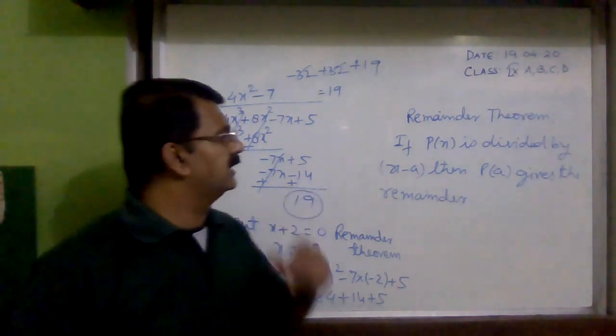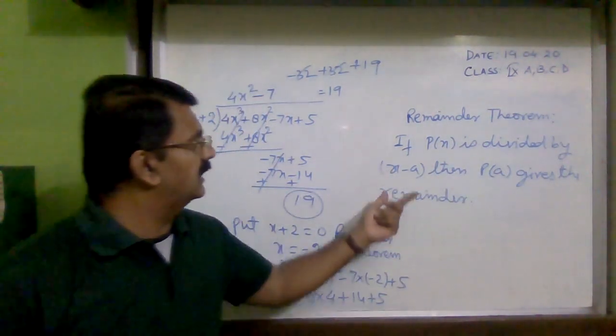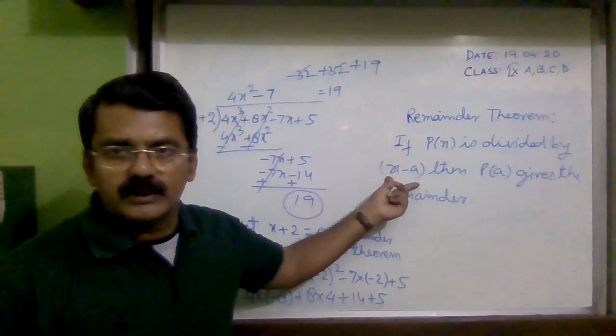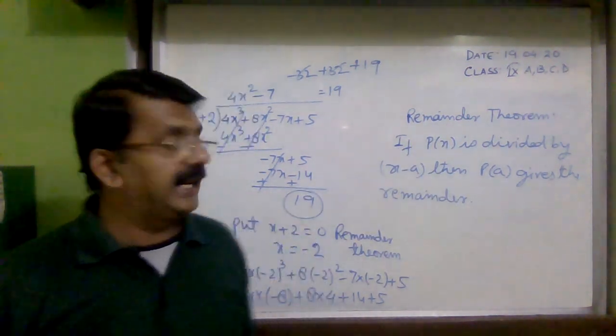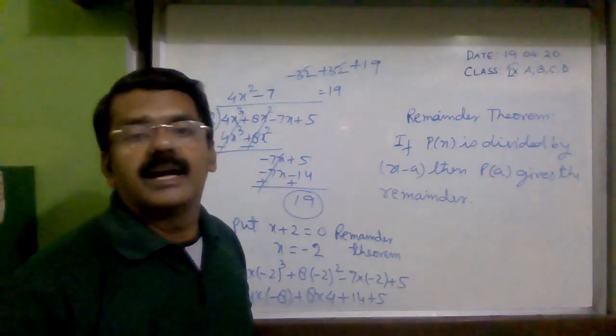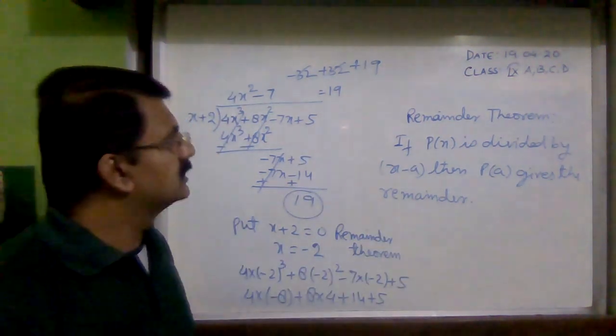So we can directly find the remainder with this method. Put x minus a is equal to 0, then x will be equal to a, and there in place of x you have to put a and you will get the remainder directly.